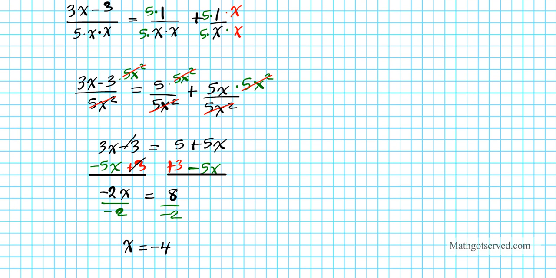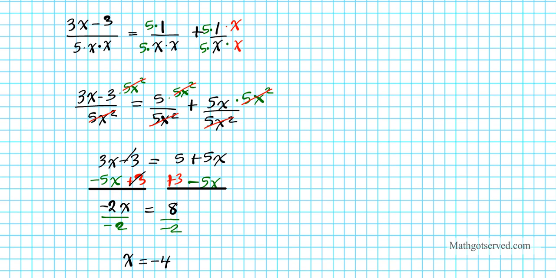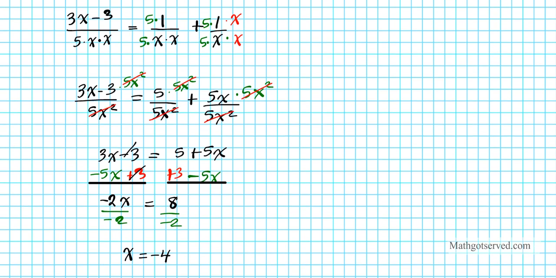Alright? Okay, now what we're going to do is a check to make sure that our answer is in fact correct. So we're going to plug that into the original problem. So let's do a check. Here we're going to test x equals negative 4. Okay, so let's plug it into the original problem.